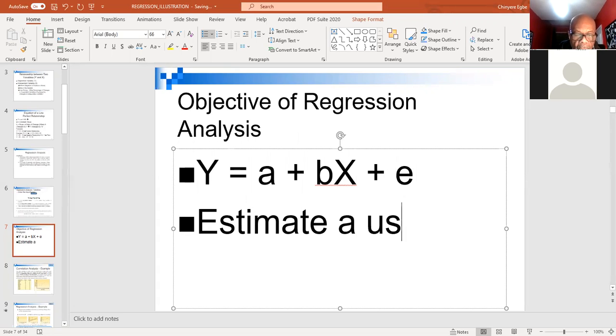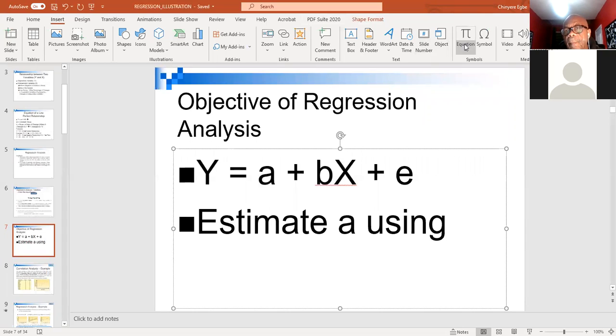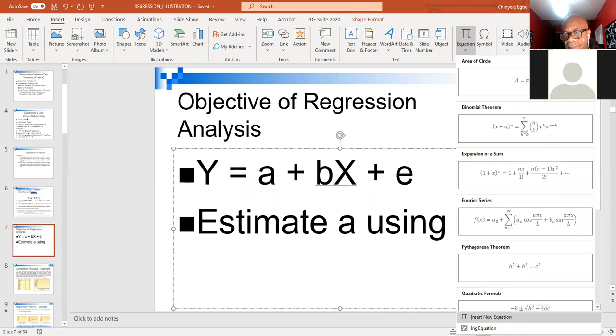A using what? We're going to use A hat. That is, A hat is the statistical name for the estimate of A. So I'm going to insert A hat.